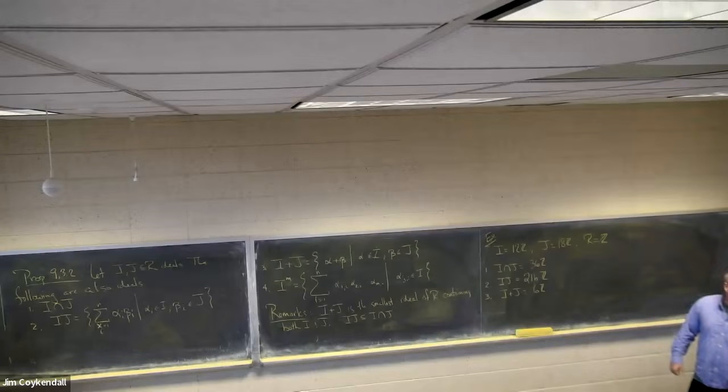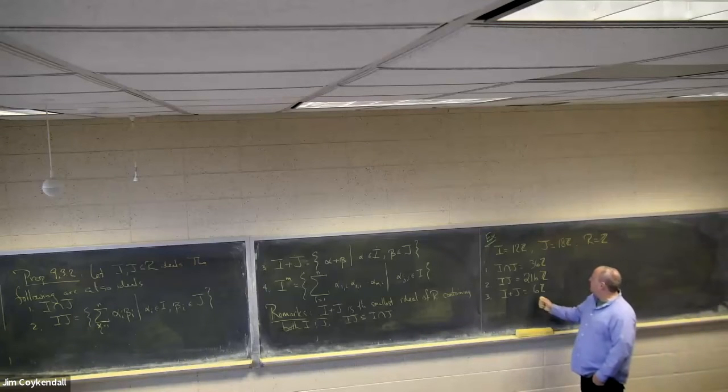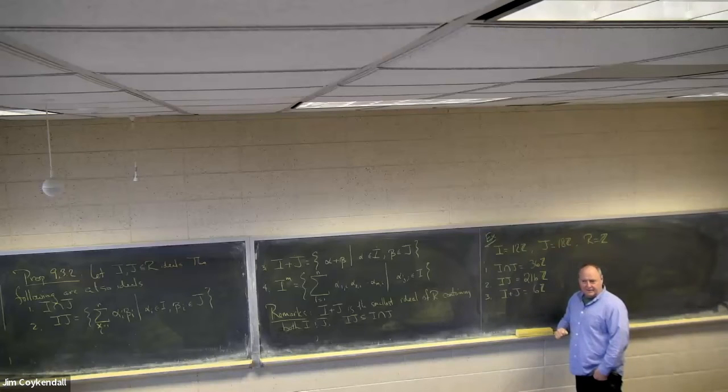How about the sum? Is it 30Z? That one is a little weird. Let me ask you this. What's the relation between 12, 18, and 6? 6 is the greatest common divisor.